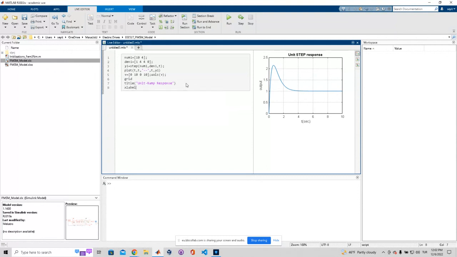And then you can add the X label and Y label.